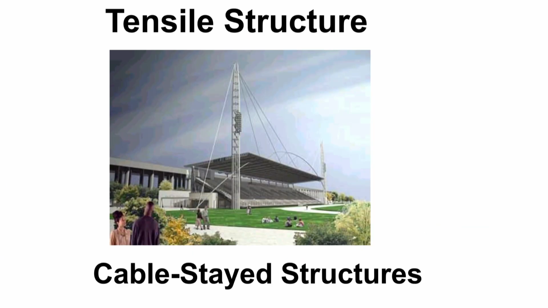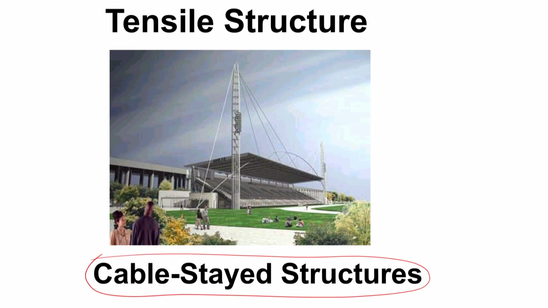I told you that the advent of steel has made different types of forms and cross sections possible, and these cable stayed structures where the cables carry the tension. So, the tension is carried by the cable, and these posts get the compressive load.